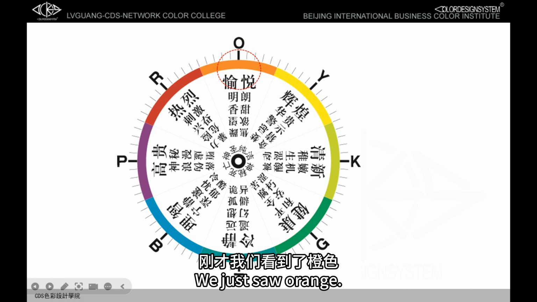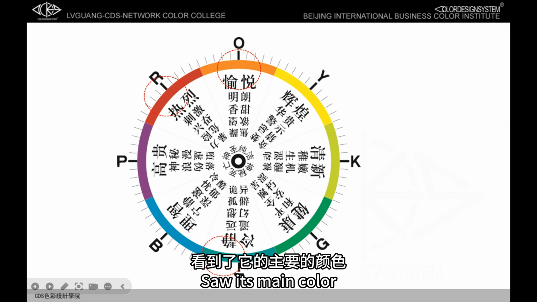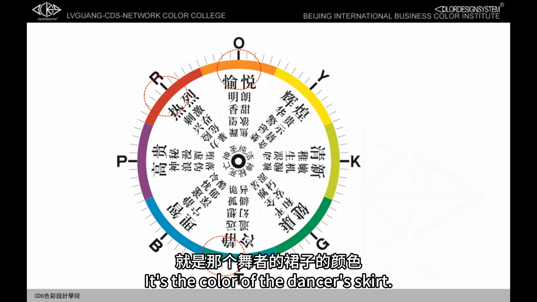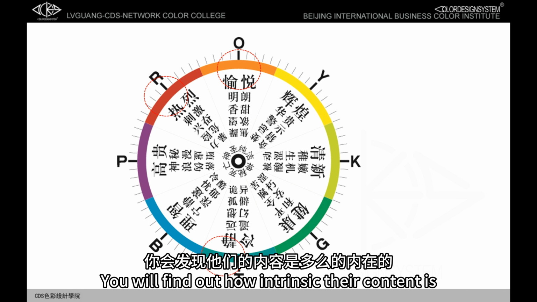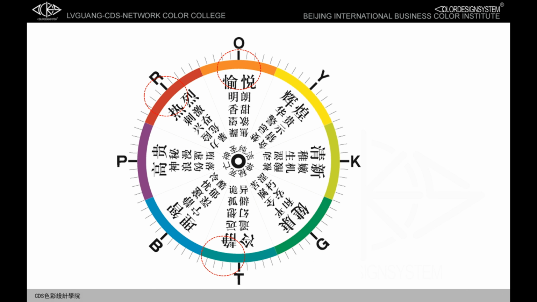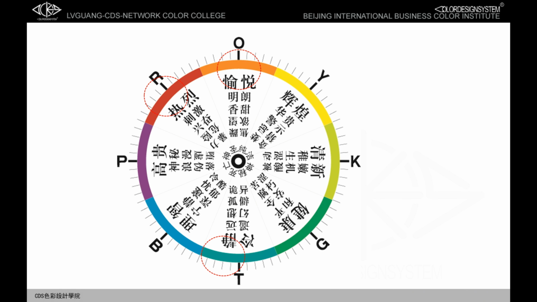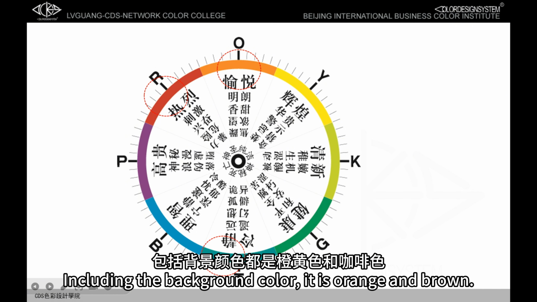We just saw orange. Yeah, turquoise. Saw its main color. It's the color of the dancer's skirt. You will find out how intrinsic their content is. Echoing and restricting each other. The main hues that we see are warm, including the background color.